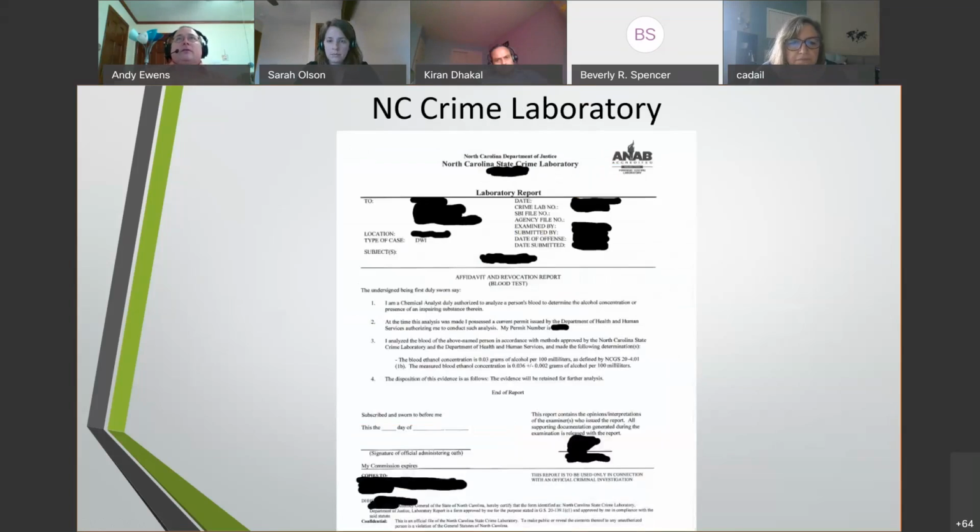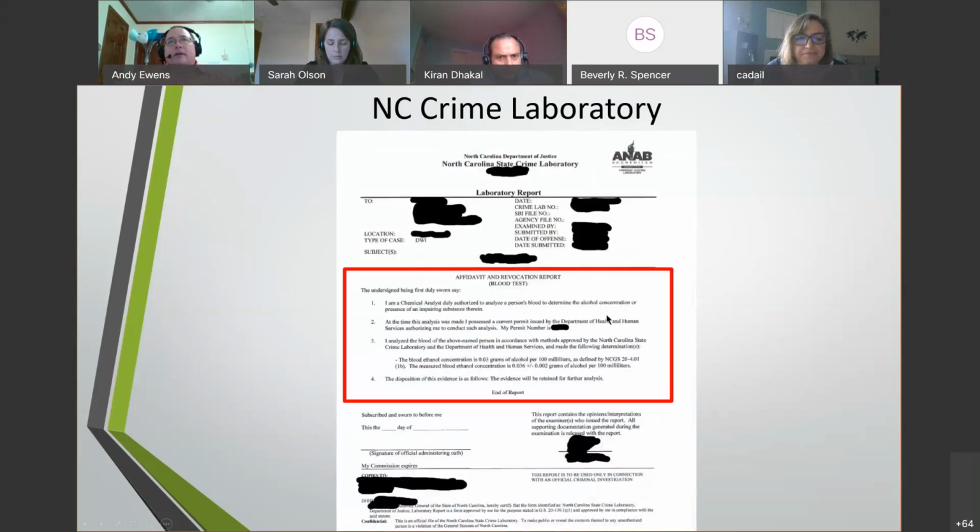So this one is from the North Carolina State Crime Lab. Their reports are very different. They don't have a nice little table. Instead, they basically have a little mini affidavit to just tell you textually what the results are.